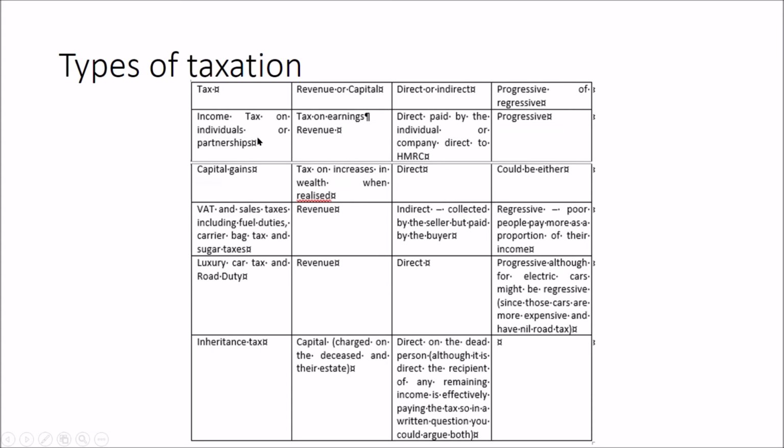Income tax, right? It's on income, so it's a revenue tax. It's direct because it's paid by the individual, direct to HMRC, and similarly corporation tax will be in here as well. Partnerships, tax paid by partnerships, those kinds of things, would all be sitting in this direct revenue line. Are they progressive?